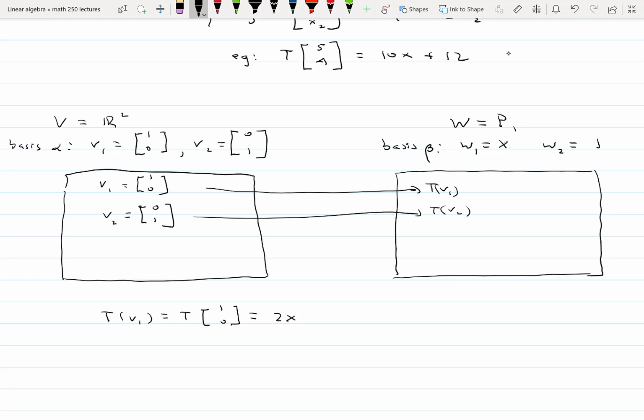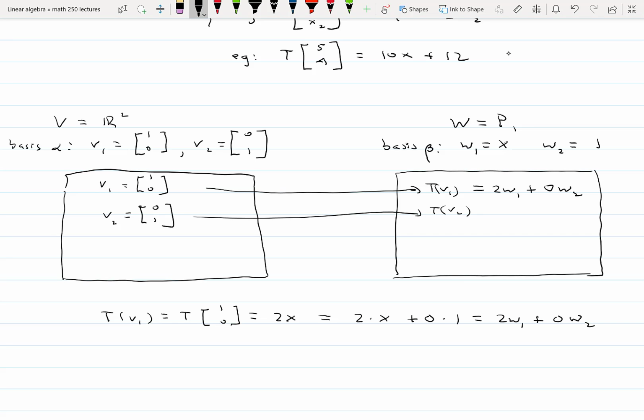But then I want to write that in terms of the basis vectors in W. So this is 2 times x, that's the first basis vector W1, plus 0 times 1. In other words, it's 2 times W1 plus 0 times W2. So T of V1 is 2W1 plus 0W2.